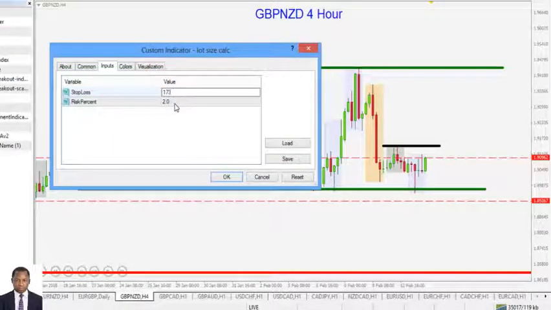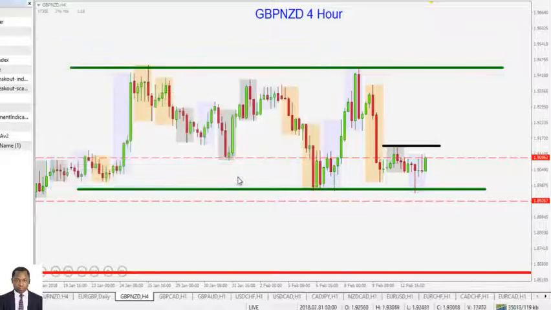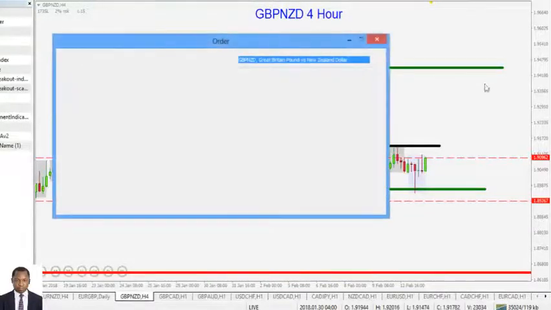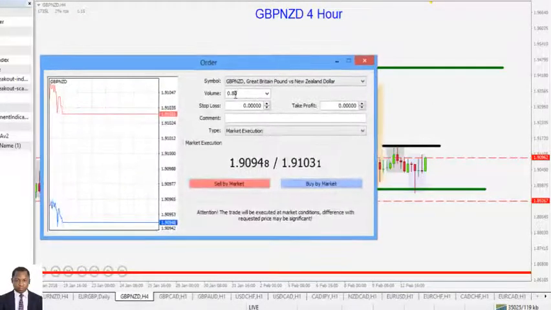Let's risk 2% on this. Remember we don't have any trades running anymore, so let's just keep one trade running on our accounts. The lot size calculator is recommending 1.15 lot on this trade, so I'm going to go ahead and take this trade. 1.15.